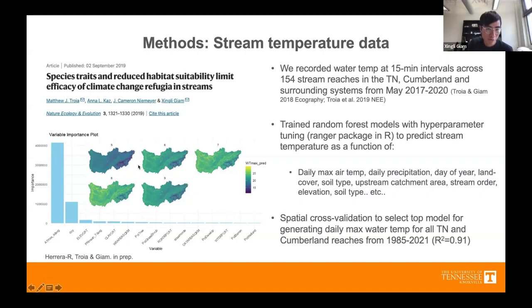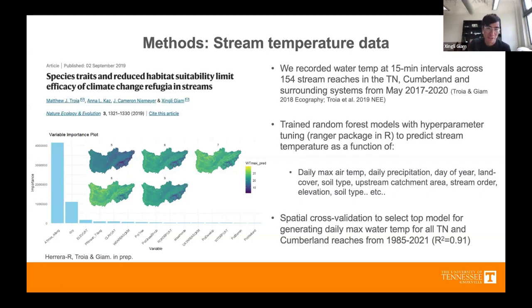So this is a picture of, for instance, the predictions that we have for, I think this is 2021, May, June, July, August, and September. These are the daily max water temperature in all of the months. Okay, so you can see the darker colors mean it's cooler. In the Tennessee and Cumberland River, right here at the bottom right-hand corner, or the bottom southeast corner, that is the Blue Ridge area, the Blue Ridge Mountains.